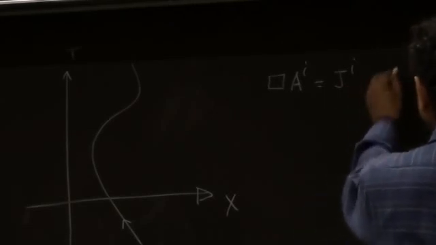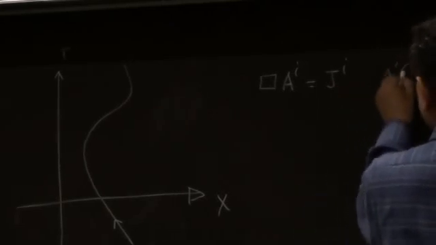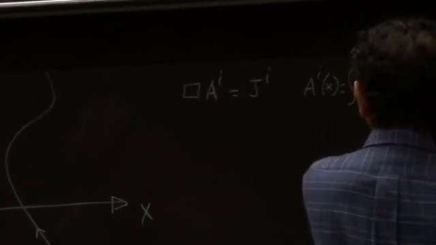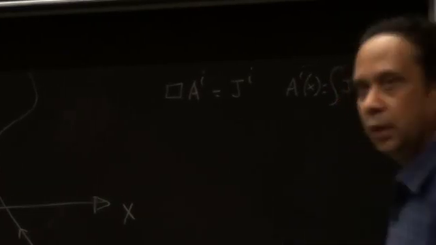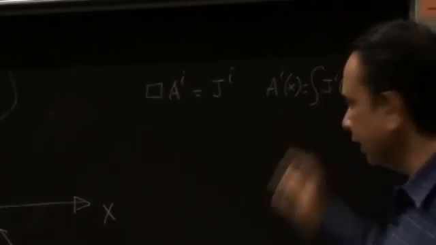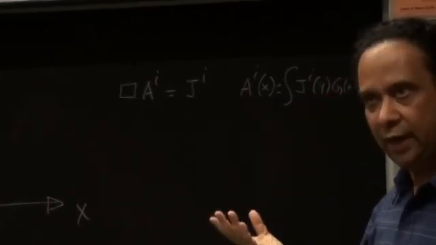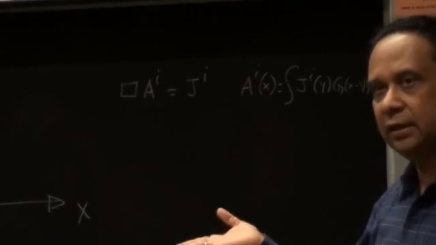From this I also know that A^i at x is given by an integral over J^i at y times a Green's function at x minus y, d^4y. Okay, so this is the integral which I have to evaluate. I know that this Green's function goes as delta of s squared. So the propagation is along the 45 degree.